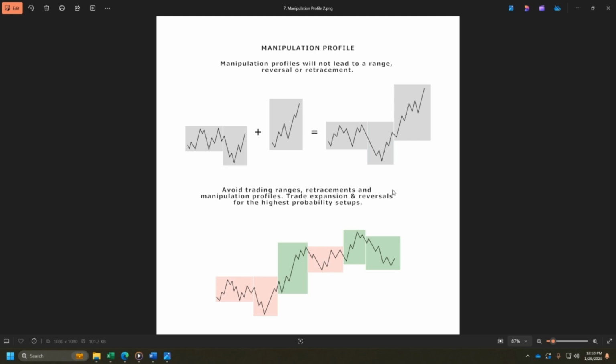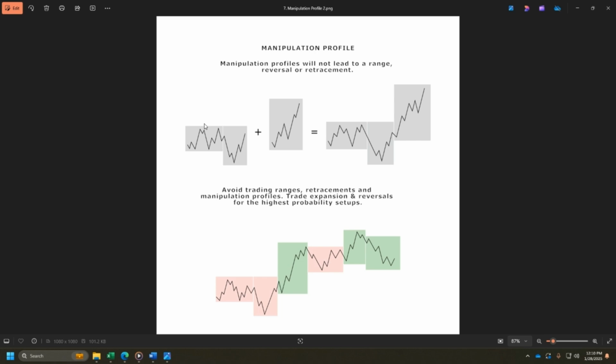So a few things just to point out with manipulation profiles. They tend to emerge following a period of market conditions where price is ranging or stuck between highs and lows, which you can see here. We have the manipulation profile after the range.